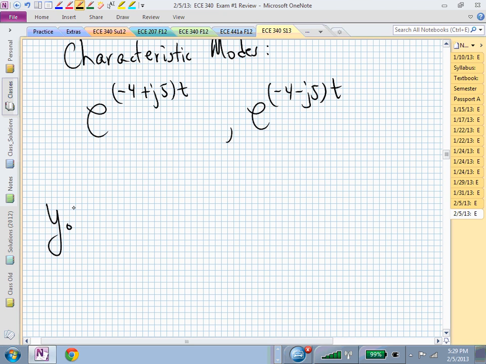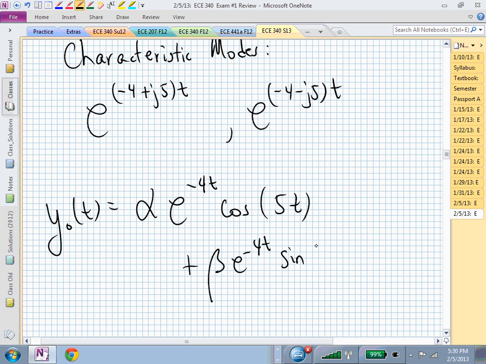Meaning you can now say, oh, the zero input response could be y sub 0 of t is some unknown constant, I'm not asking you to find that, alpha e to the minus 4t cosine of 5t plus a beta e to the minus 4t sine of 5t. And that could be the structure of your zero input response. Does that help answer your question on impulse response?